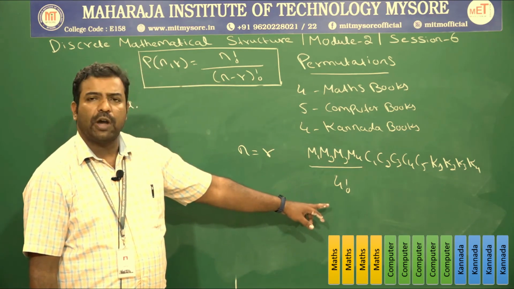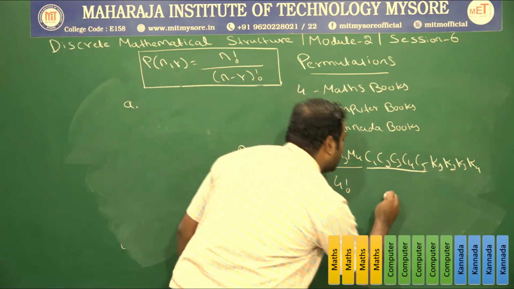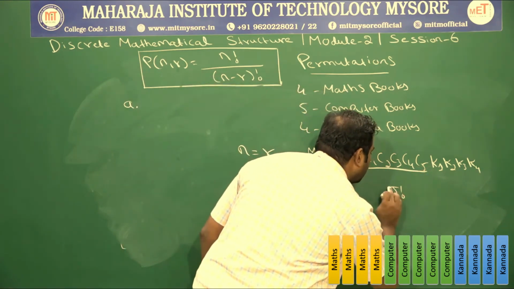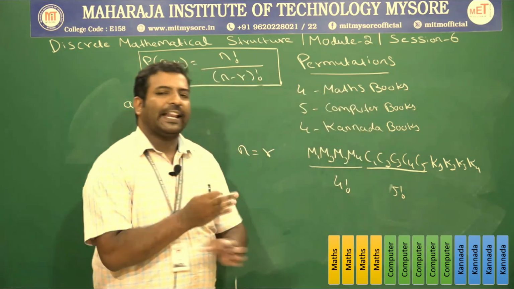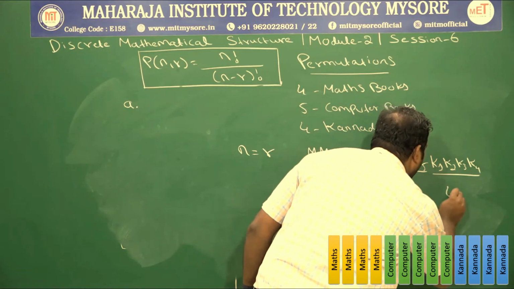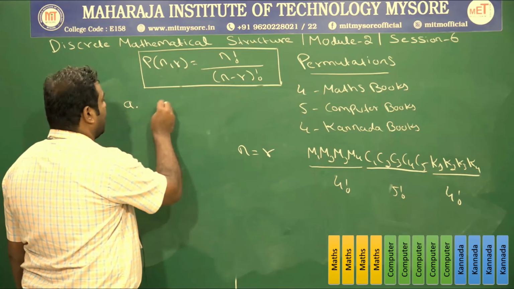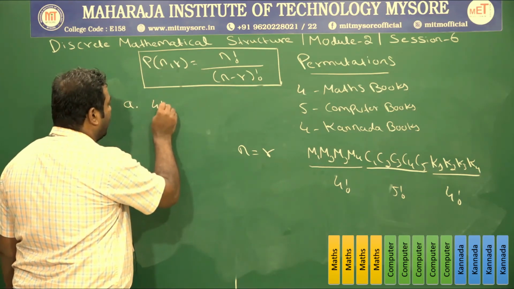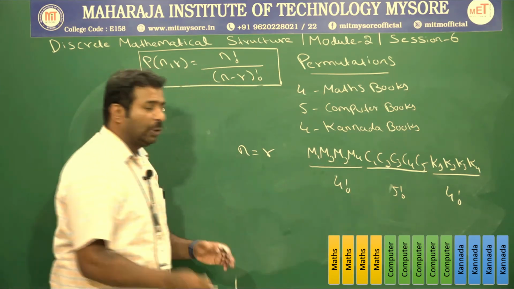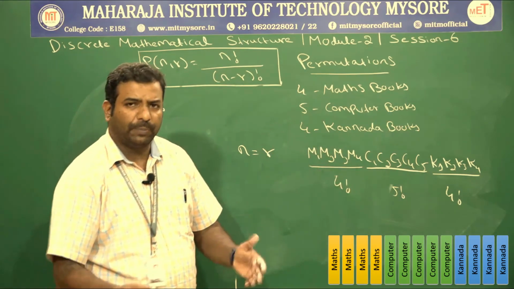Similarly, I can apply 5 factorial for the computer books. This is the number of ways where I can arrange the books, and this is going to be again 4 factorial for the Kannada books. Hence in the first case, this is going to be 4 factorial, and all these tasks, task 1, task 2, task 3, should be done.